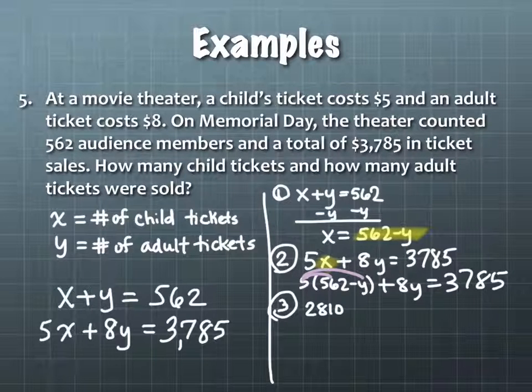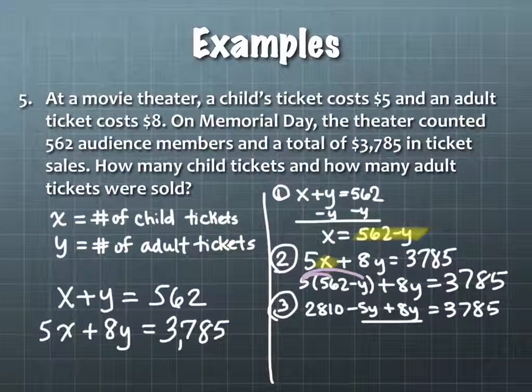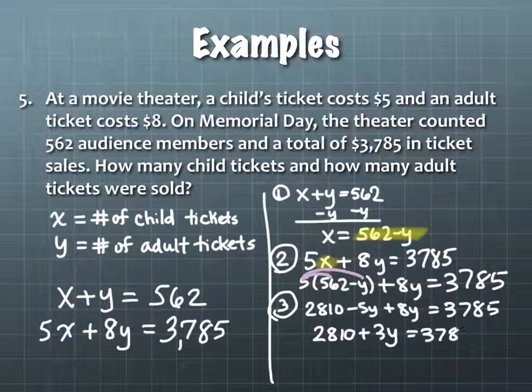And then I need 5 times negative y, so that's negative 5y, plus 8y equals 3785. Now, in the middle here, the negative 5y, the positive 8y, those can be combined. So I have my 2810 plus 3y equals 3785.